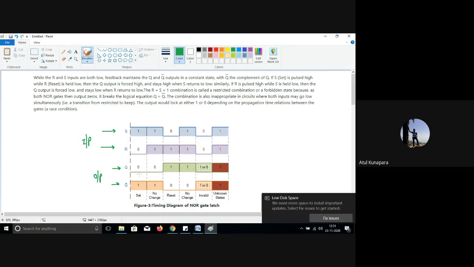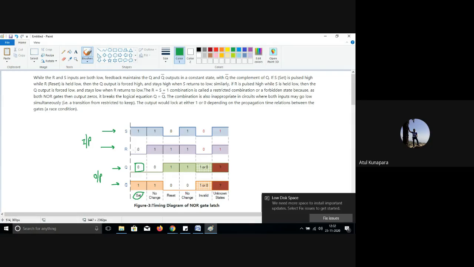So when I want to set my output, here you can see this is the set condition. When your Q is equal to 0, you may consider it like an active low condition, right? Active low means when it is 0, you can say it is set, and when 1, it is called a reset. That is what has been said here in the timing diagram.